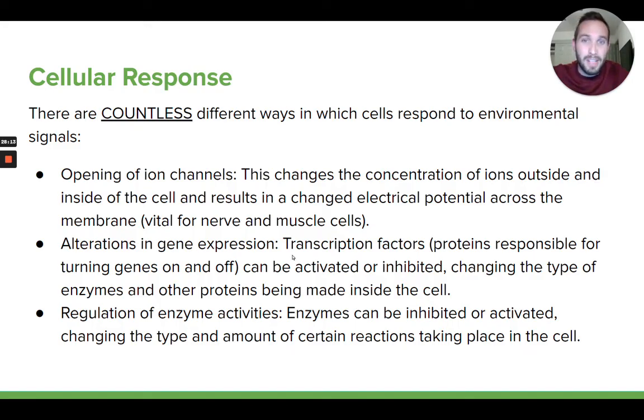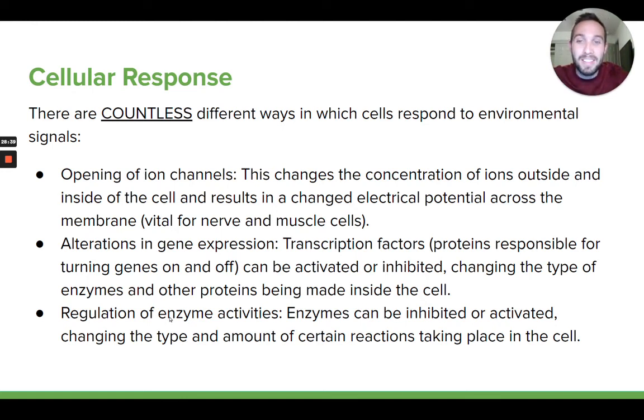So in your cells, there's these things called transcription factors, and those are proteins that basically allow certain genes to turn on and off. And in a signaling pathway, you could have transcription factors that become activated or inactivated that lead to certain genes turning on or off, which are then going to change what type of enzymes and proteins are being made inside the cell, which is then going to change what the cell is doing at that time.